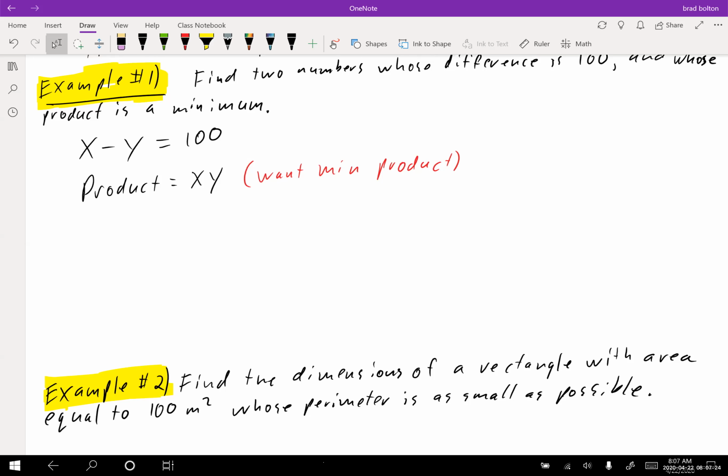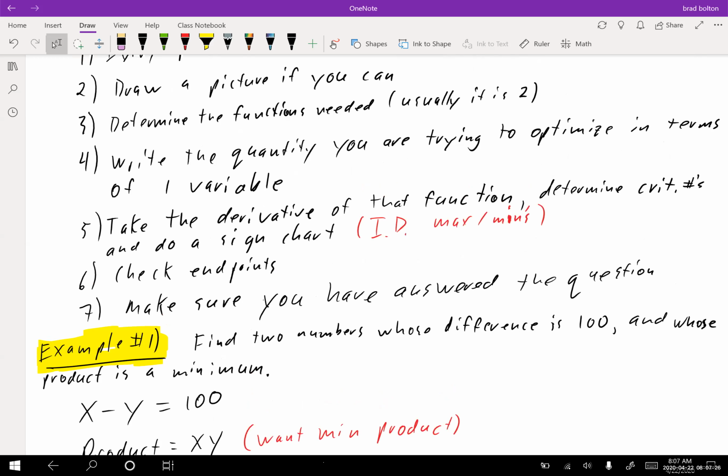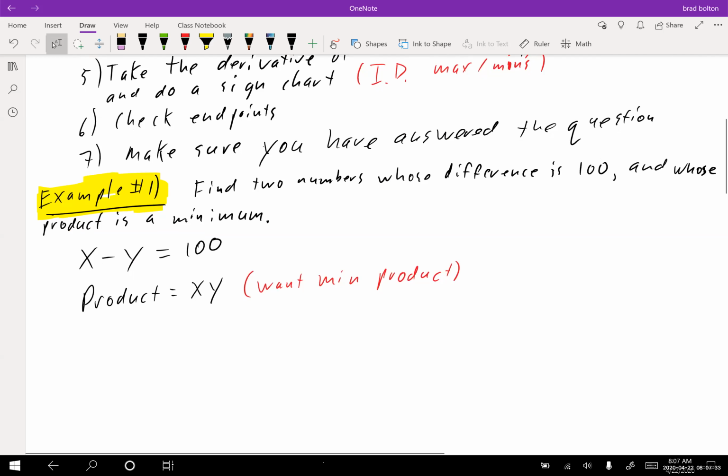So according to my guidelines, we got our 2 functions, okay? So we have P equals x times y, and we have x minus y equals 100. So I'm gonna solve for one of these variables. It looks like to me x is the easiest to solve for. So I'm going to say x equals 100 plus y.